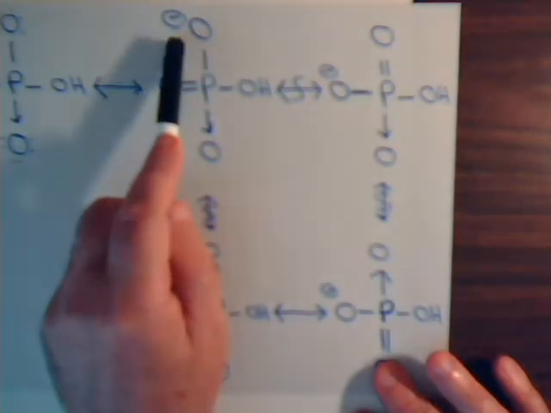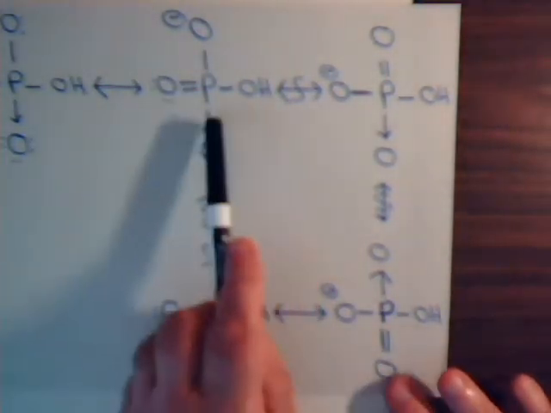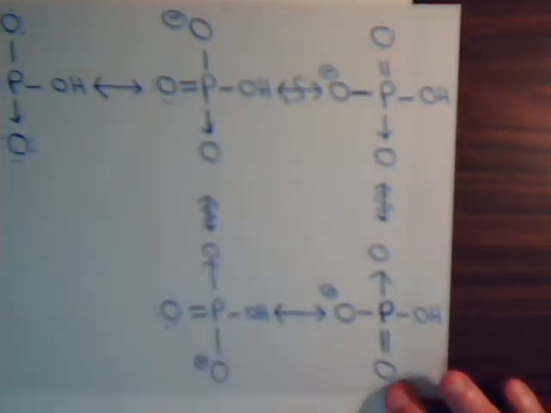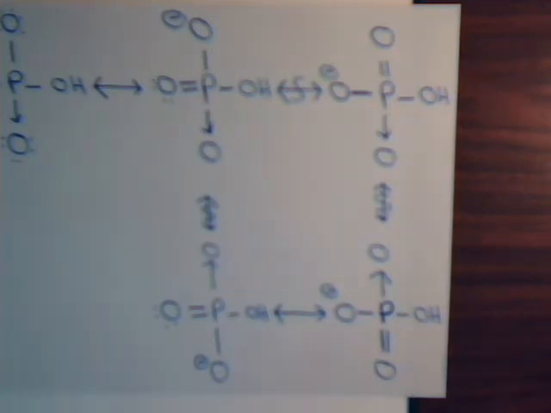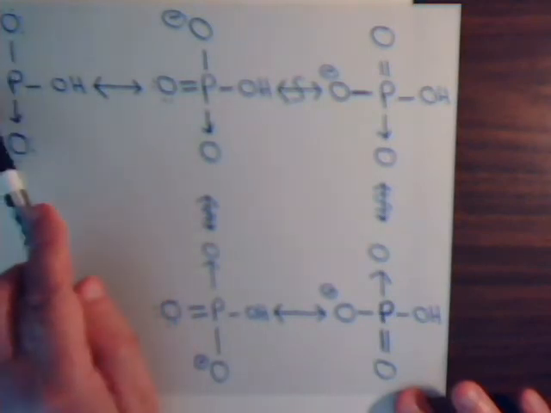Oxygen has a negative charge instead of a positive charge, and there is no symmetry with these different canonical forms. So, what we want to establish here is phosphorus is acidic because you can write better canonical structures when you get rid of actually both protons.